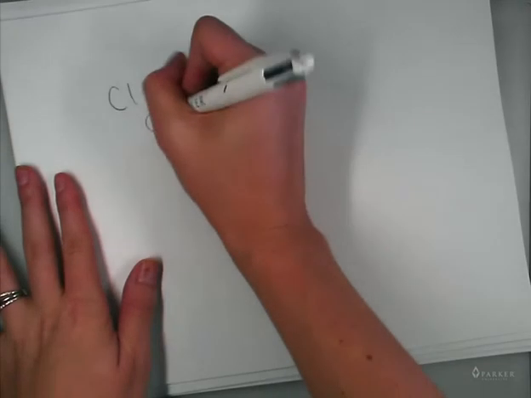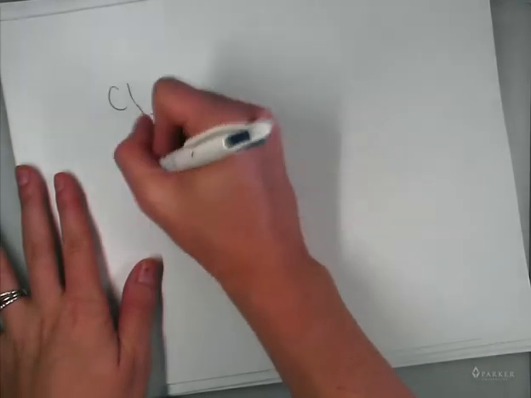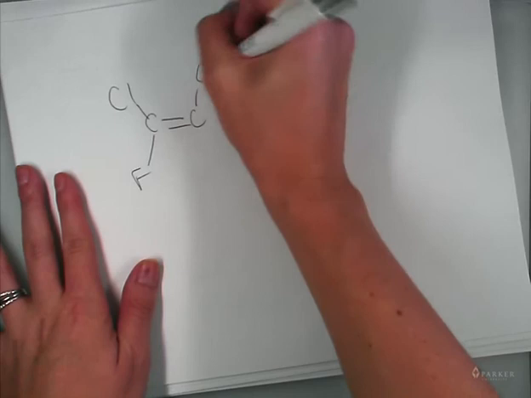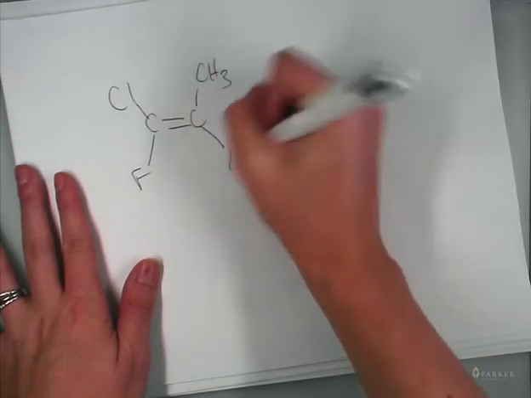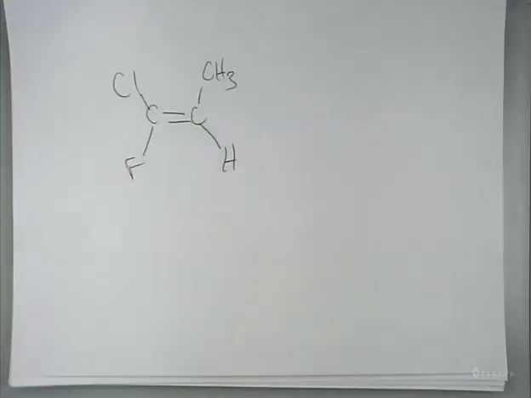So if I redraw the one I had here. Okay, so can I say cis or trans for this one? No. So what we have to do is use a different naming system called EZ, okay?